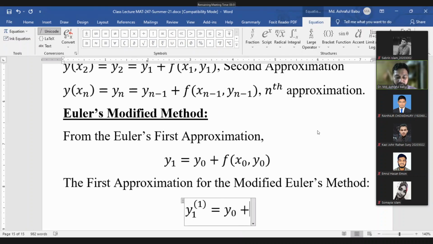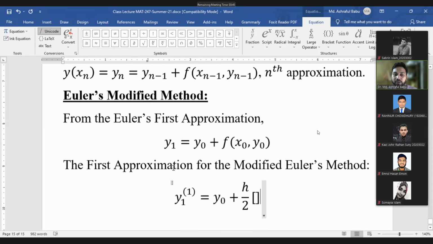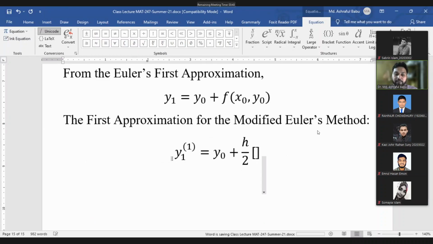So this method, Euler's modified method, and the Runge-Kutta method have a similarity. If you understand this method, that will be very helpful for the next method also. It is f of x0, y0 plus f of x1, y1.